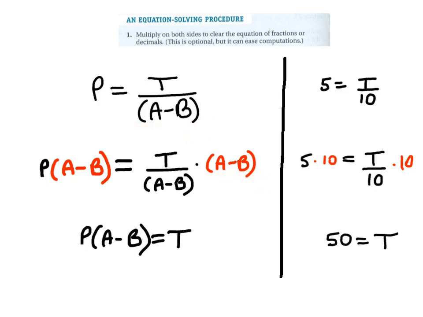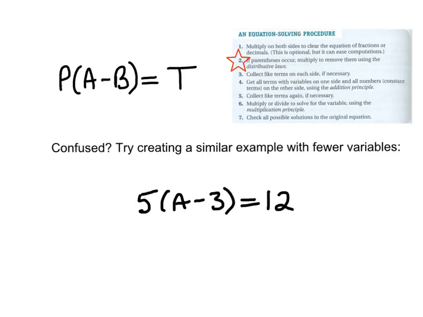We're going to multiply both sides of the equation by A minus B. Just as the denominator canceled out in this situation, so it will cancel out in this situation. And we're left with T on the right hand side and this expression on the left hand side. So now we have rearranged our formula, we've eliminated the fraction, and we're left with this expression.